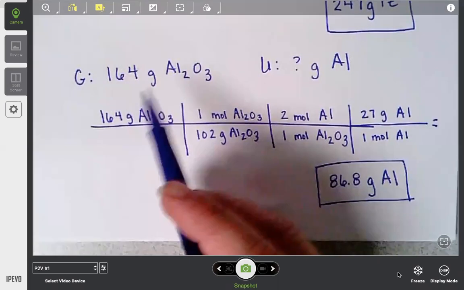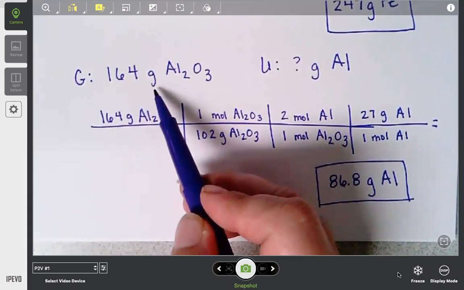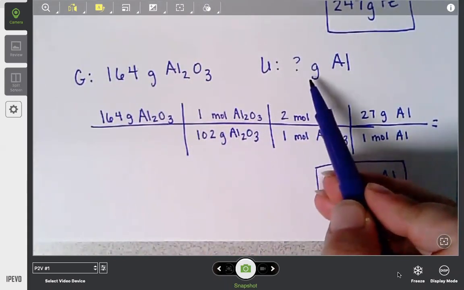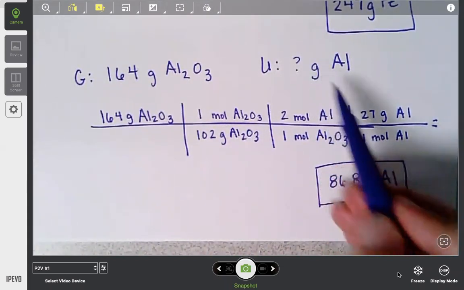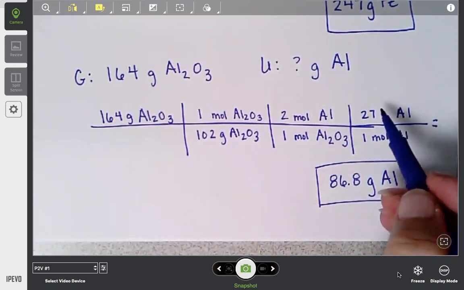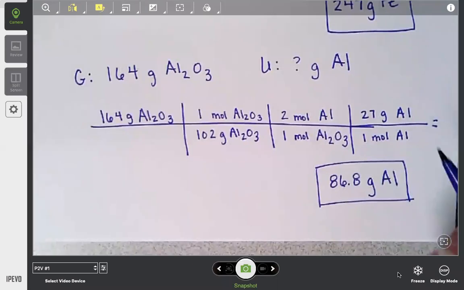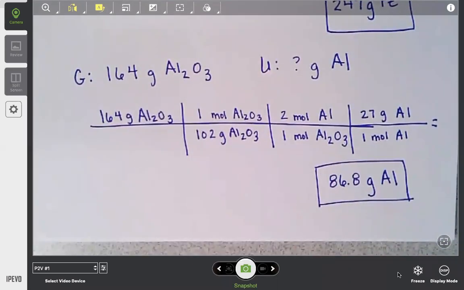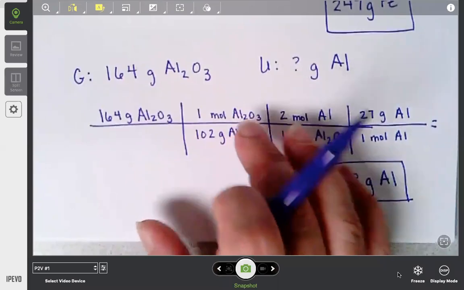The difference would be, instead of asking for grams, what if I asked you for liters? My last step, would it have grams in it? No, it would have what? Liters. And how many liters is equal to 1 mole? 22.4. So tomorrow we're going to practice incorporating all of our chapter 10 skills in with these skills.